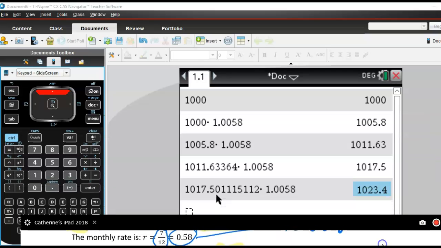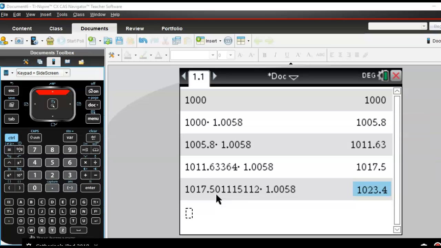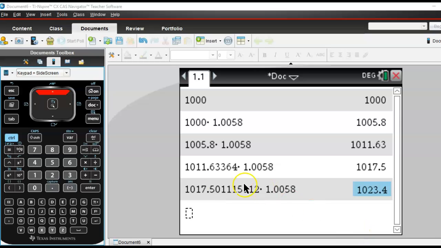Now, just in case you've forgotten how to check, I've done it again. What I've done here is I've just arrowed up to my last answer, and then I hit enter. That gives me the full answer with little to no rounding in it. And you can see it's closest to $1,023.40.